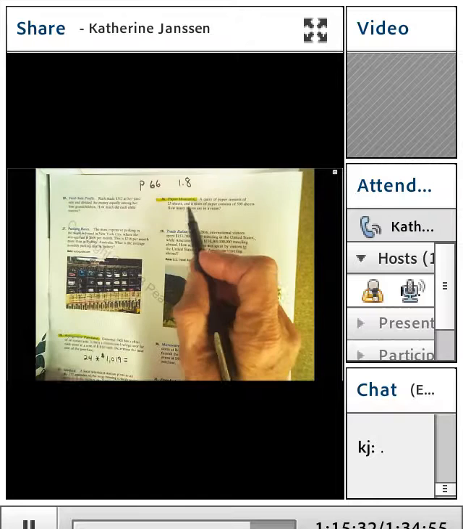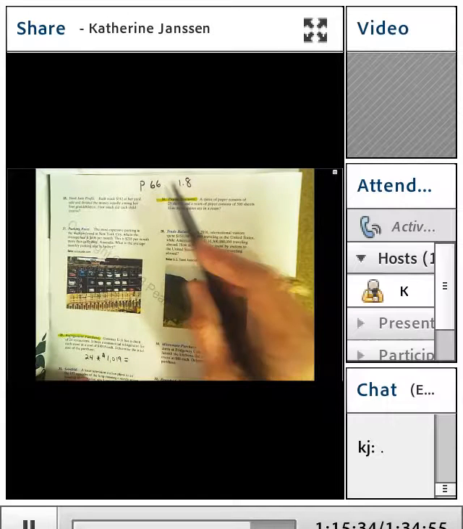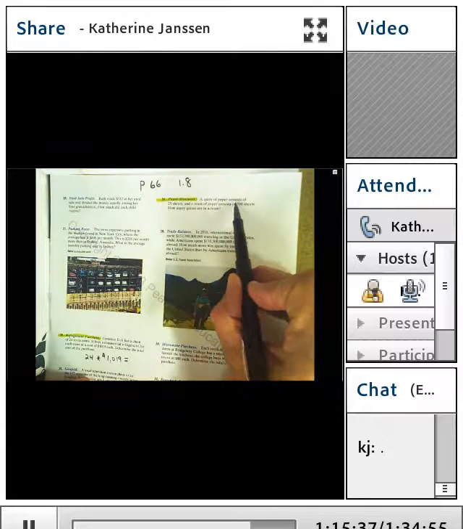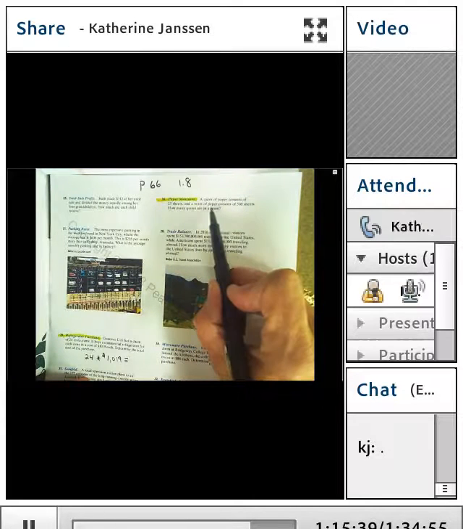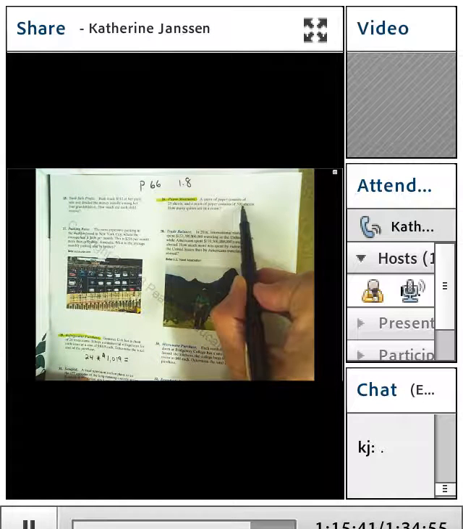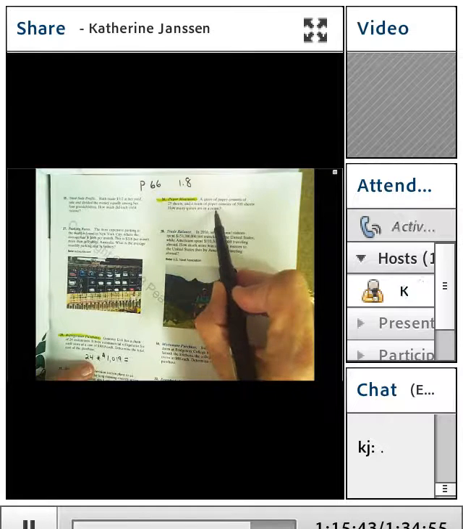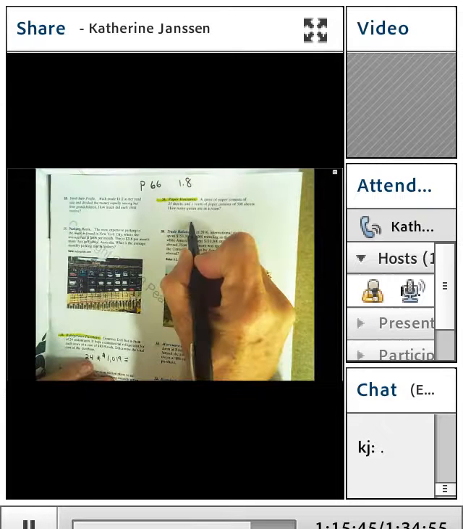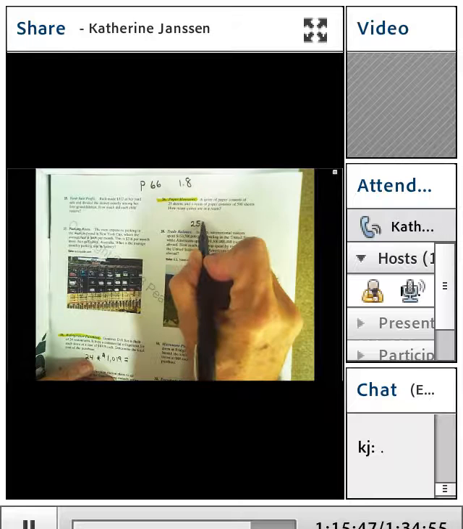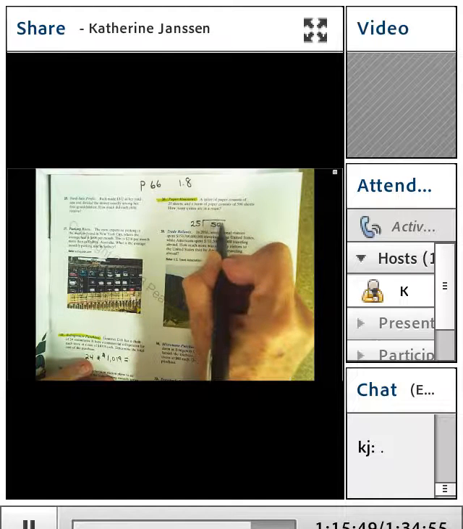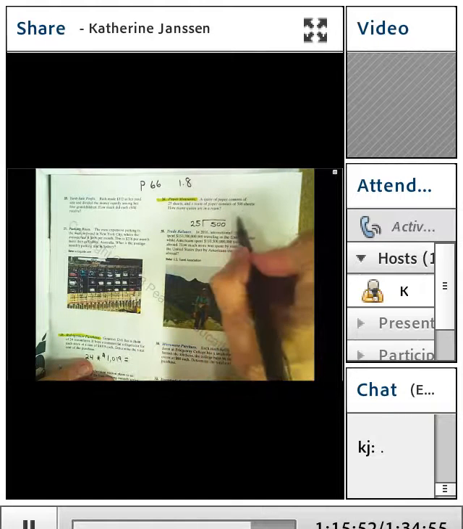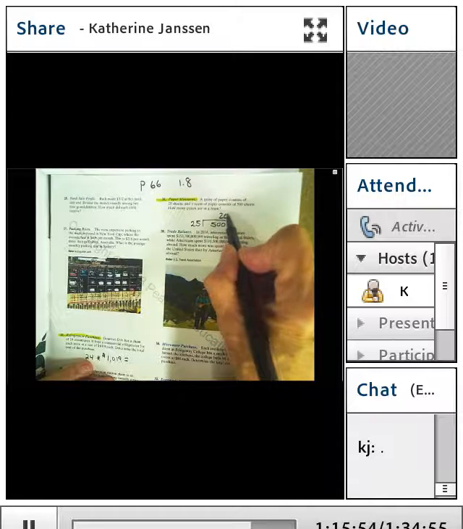Paper measures. We're on page 66. A quire of paper consists of 25 sheets, and a ream of paper consists of 500 sheets. How many quires are in a ream? So 25 sheets goes into 500 sheets. How many times? And we'll end up with 20 quires.